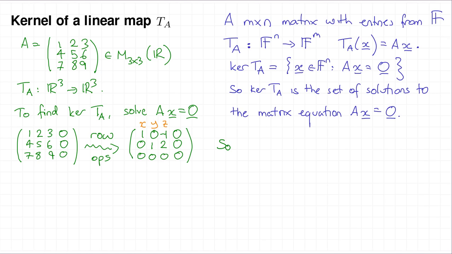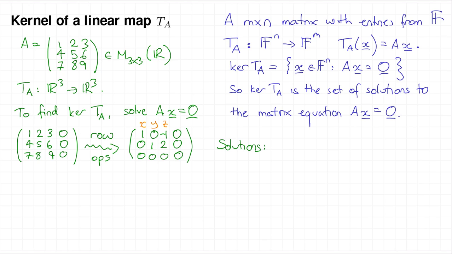So the solutions are that you can choose the third variable to be anything you like, and then the first equation corresponding to the first row of that row-reduced echelon form matrix says x equals z.